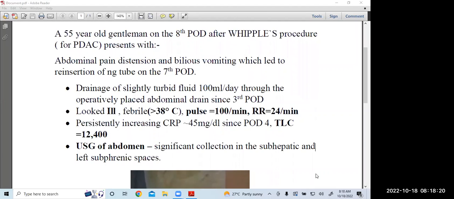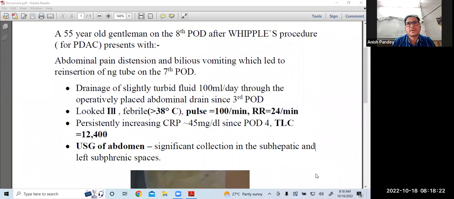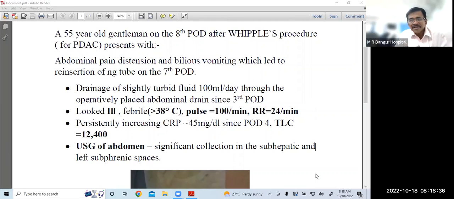In the iatrogenic, it is any intervention, any surgical procedure, or ERCP, or any instrumentation, and in the non-iatrogenic, it is trauma or. Anish, any names of operations? One is the direct operation on the pancreas that can cause pancreatic fistula. Apart from this, some other operations, which are not exactly pancreatic operations, can cause pancreatic fistula, like?